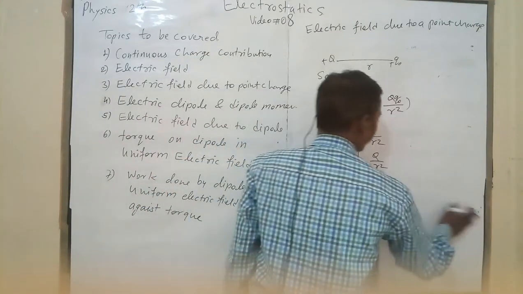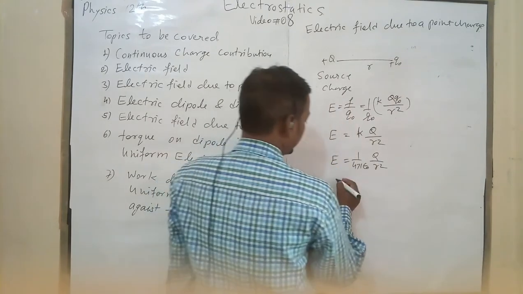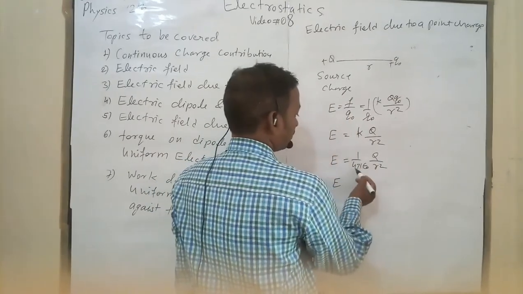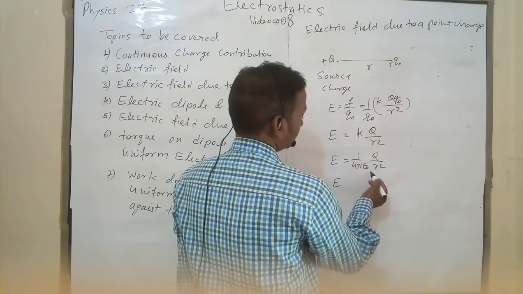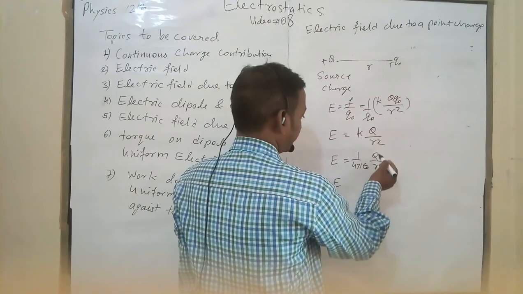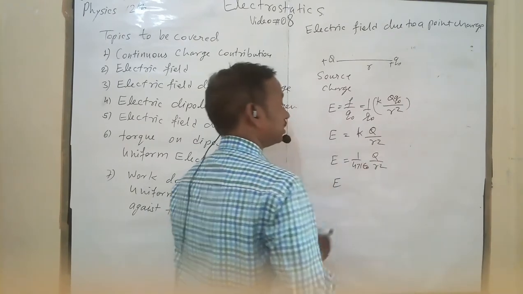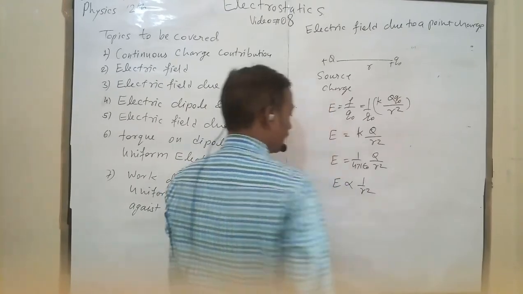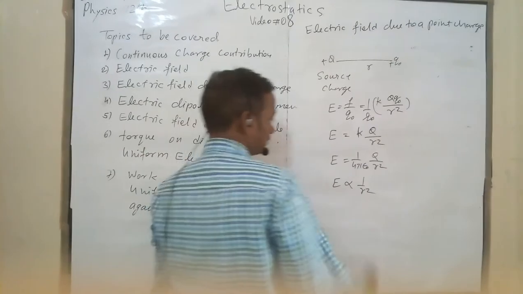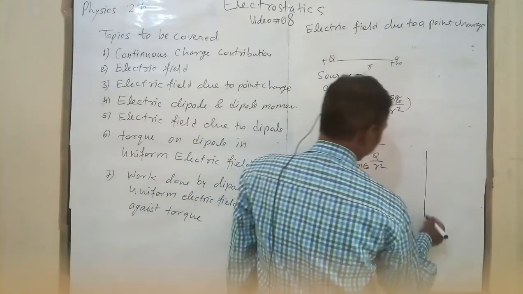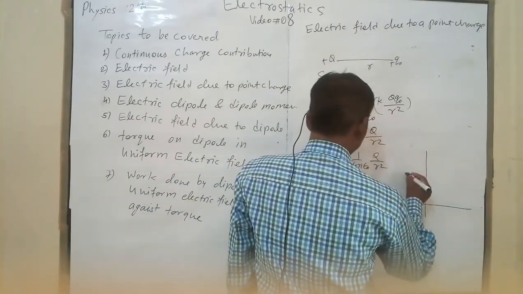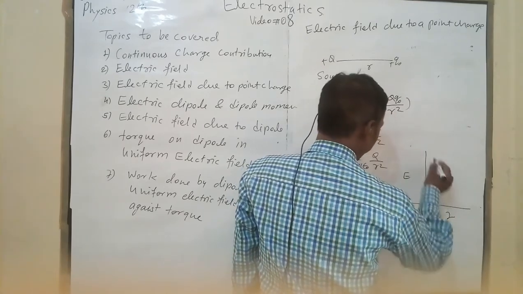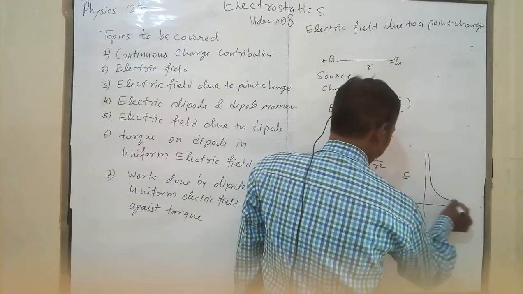So if we draw a graph, 1 upon 4 pi epsilon naught and Q all are constant. So E is directly proportional to 1 upon R square. If we draw the graph between E and R, suppose we take E and that is R, so we have this type of curve.